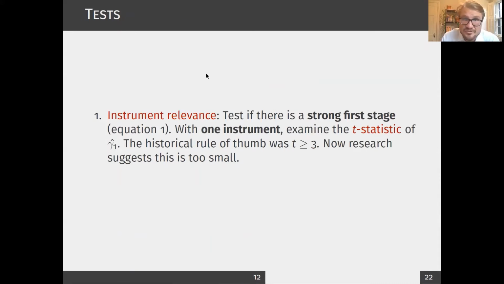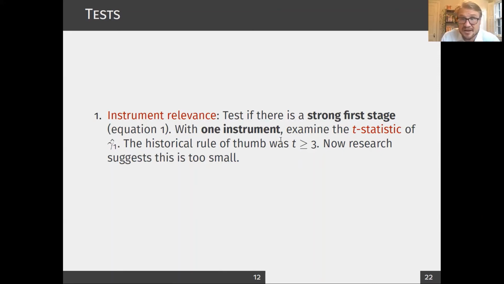So what we can do for instrument relevance, the first condition, is test if there is what they call a strong first stage, that there's a strong relationship between the instrument and the endogenous variable. We can use that same equation for the first stage and just see what the value of the t-statistic is.